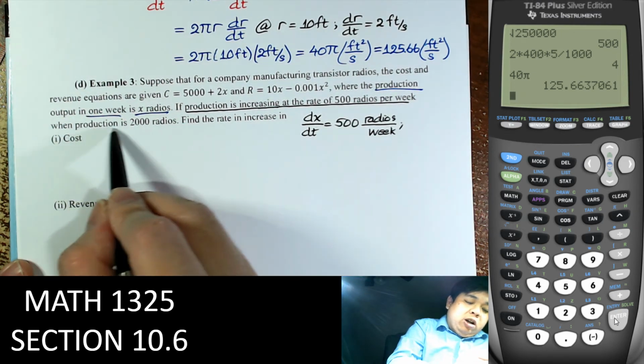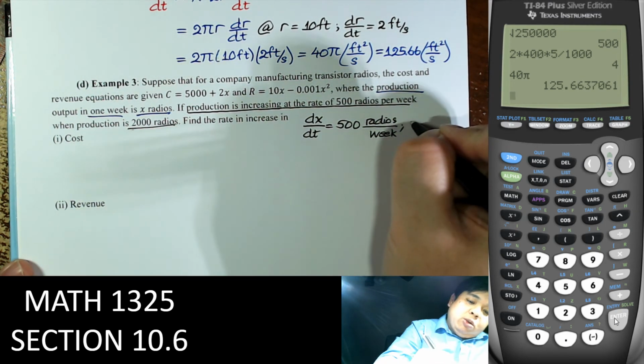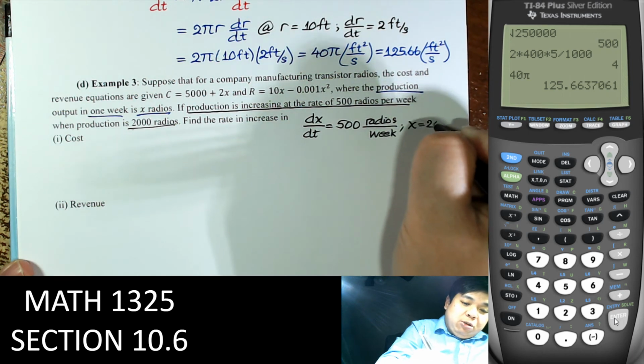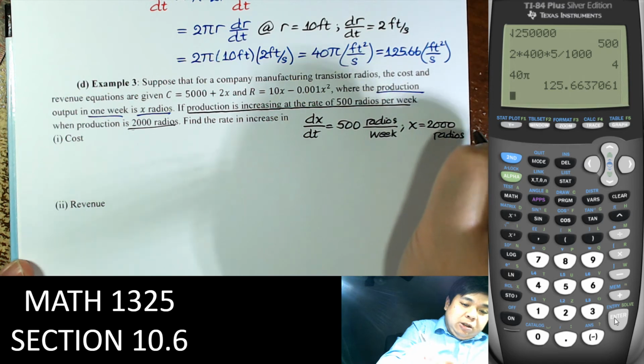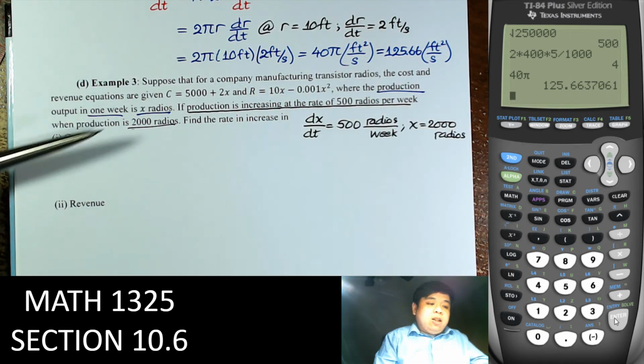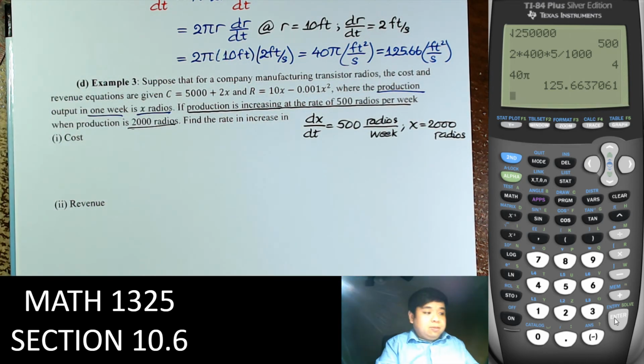And when the production is 2000 radios, so when x equals 2000 radios, and the cost is that and the revenue is that.